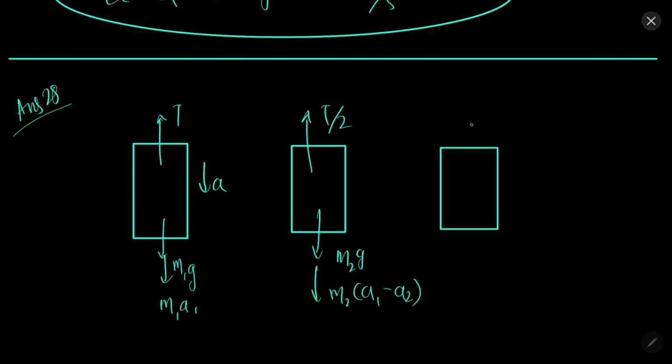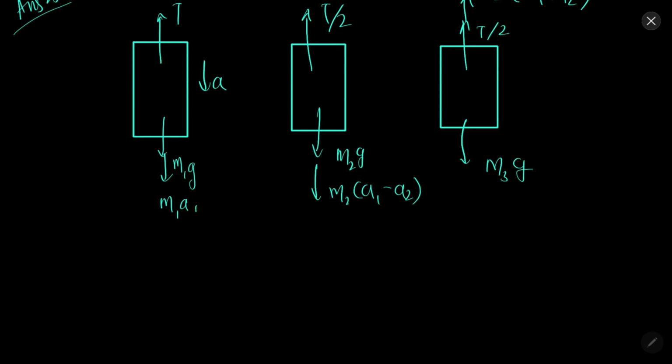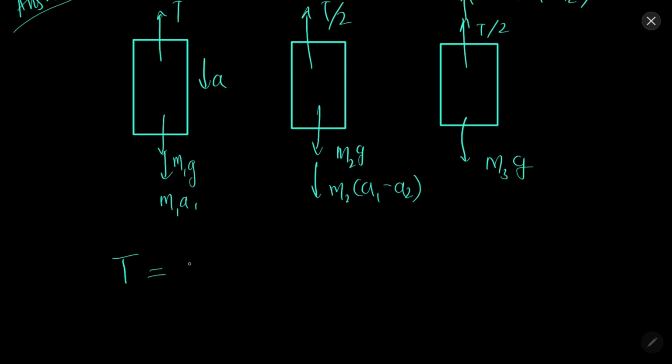Tension is T by 2, tension is T by 2, and m3 times a1 plus a2. So it will be m3g. Scenario. So now what we will have, m1 is 1, m2 is 2 and m3 is 3.